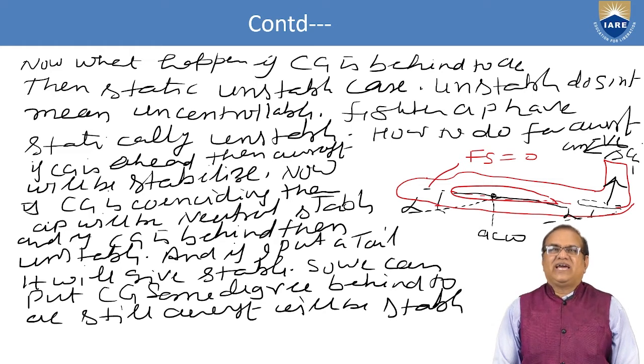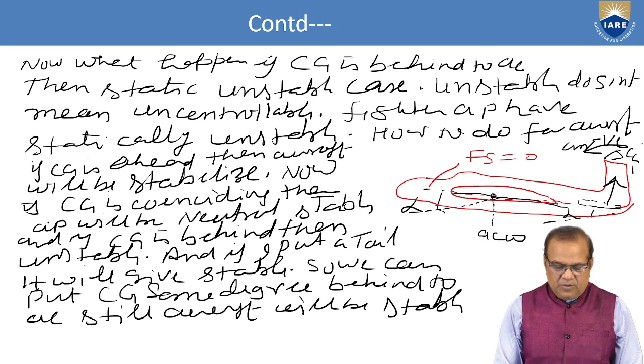If CG is ahead, then the aircraft will be stable. If CG is coinciding, then the airplane will be neutrally stable, and if CG is behind the AC, the aircraft will be unstable.